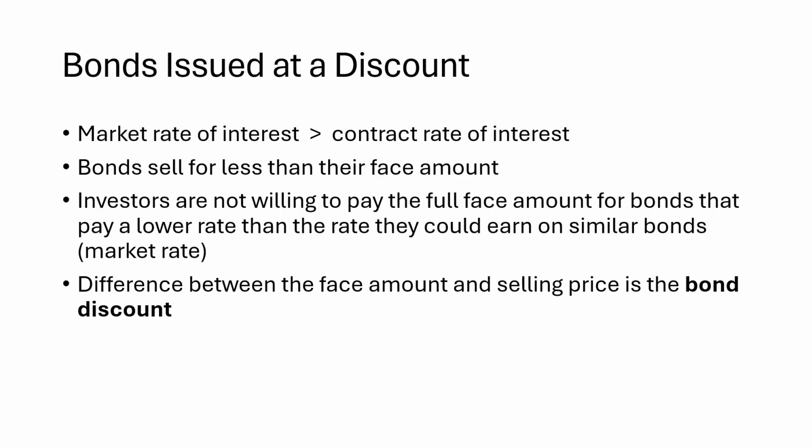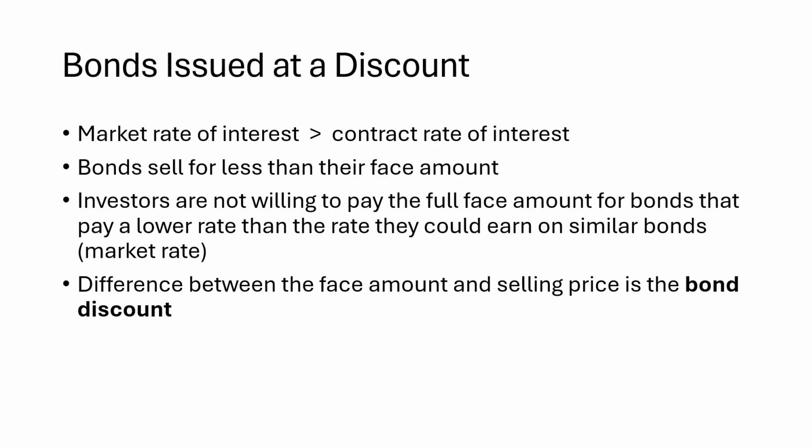That's how you know that you have to sell it at a discount. So the bonds will be selling for less than their face amount. And that's because an investor isn't willing to pay, for example, the full $1,000 face value for a bond if they can spend their money elsewhere and get a higher return, a higher interest rate return.